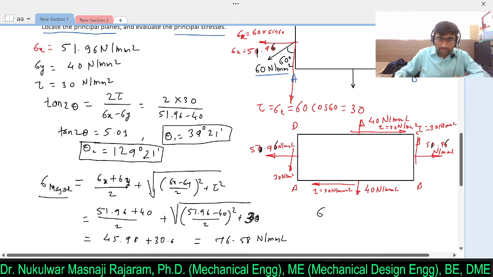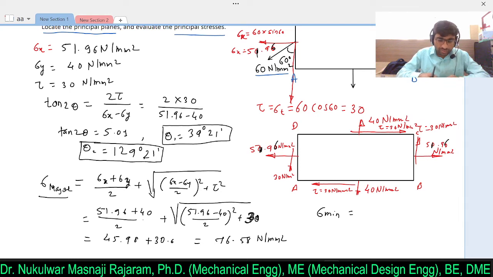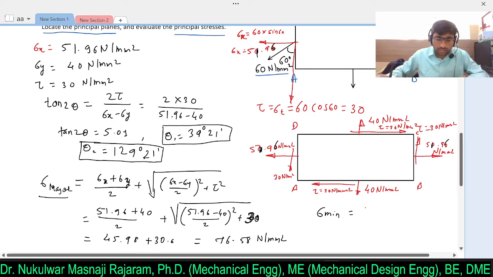How to evaluate minor? For the minor principal stress, just instead of the plus value take negative. So if you take minus 45.98 minus 30.6, if you take the difference, then here you will get directly 15.38 Newton per mm square.